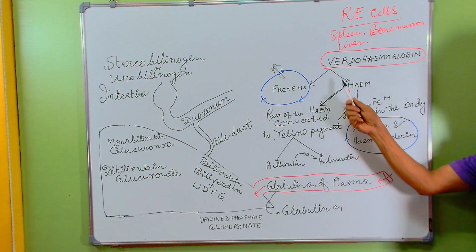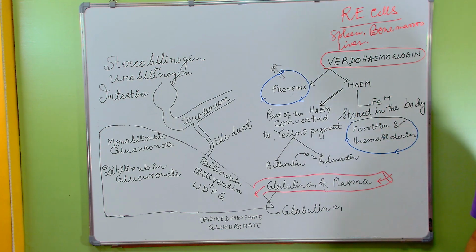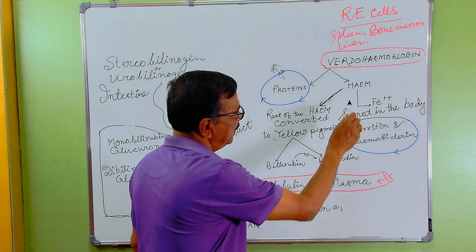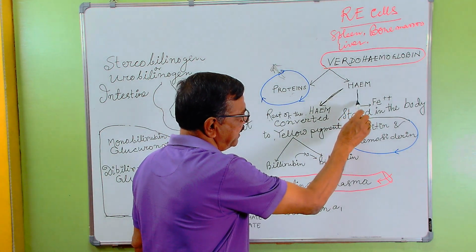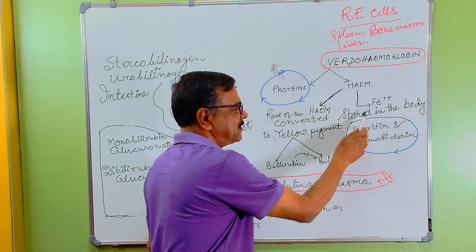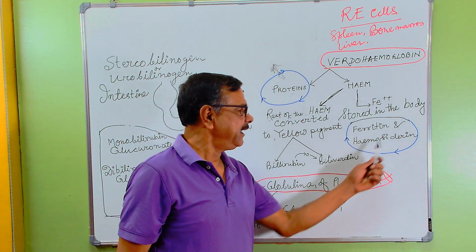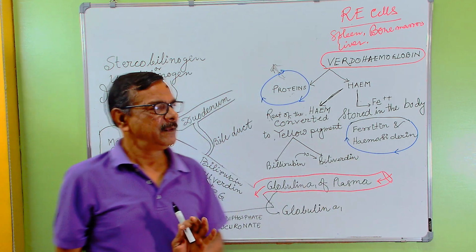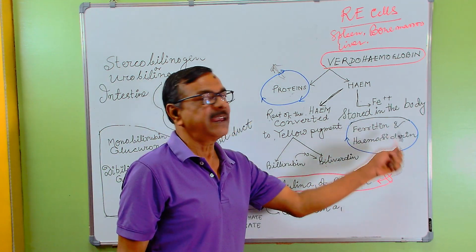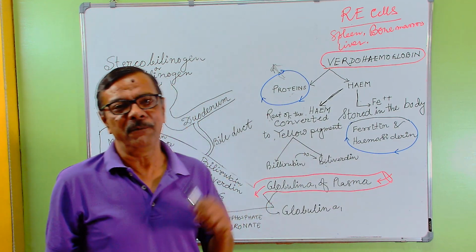And the rest remains heme. This heme contains Fe, that is iron. That iron is stored in the body in the form of ferritin and hemosiderin. So this ferritin and hemosiderin are again recycled for the purpose of creation of new hemoglobin.